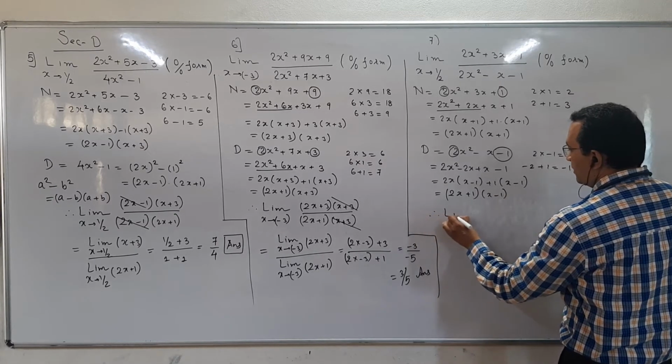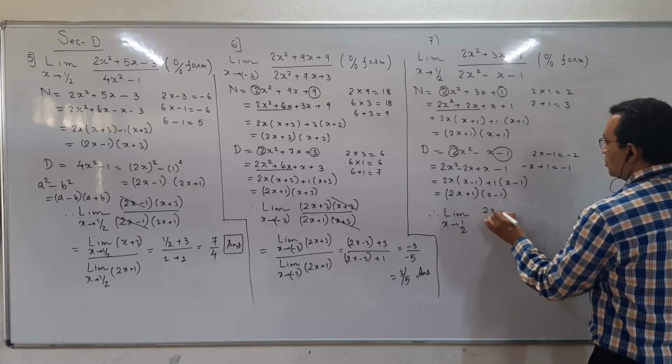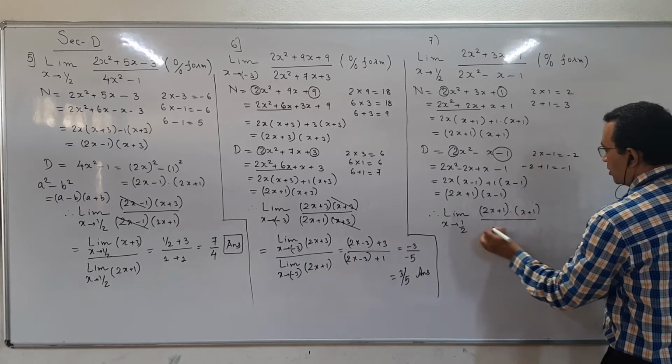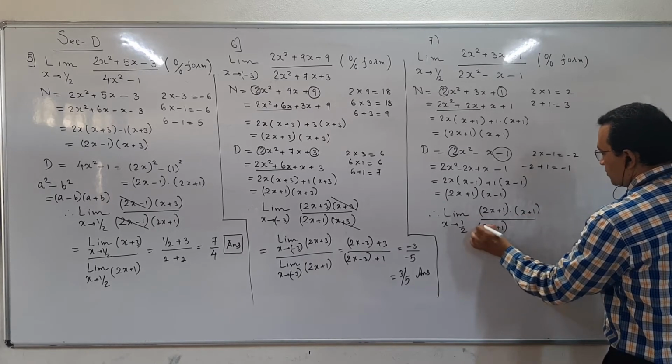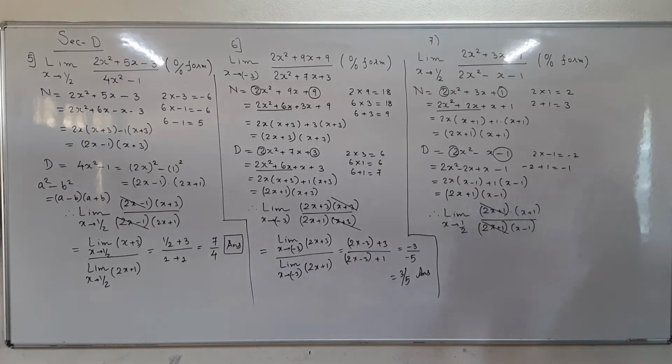So the limit changes to (2x + 1)(x + 1) upon (2x + 1)(x - 1). 2x + 1 gets cancelled.